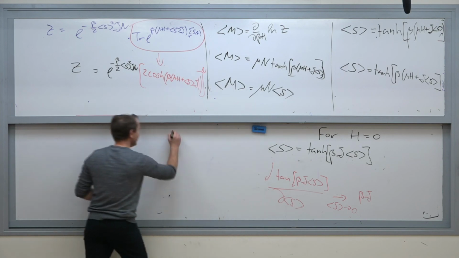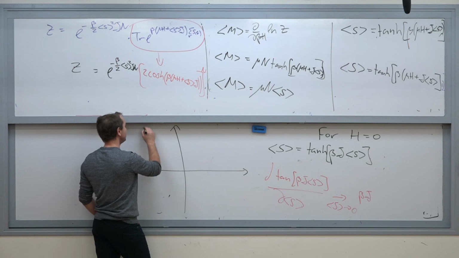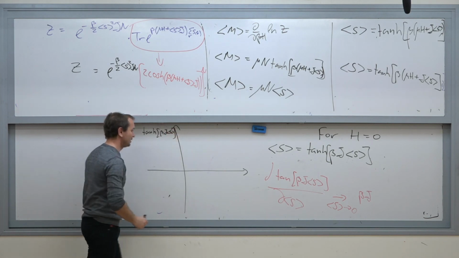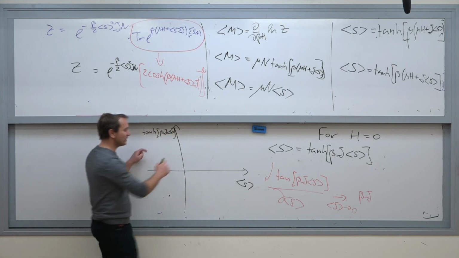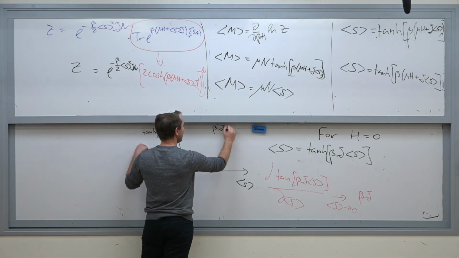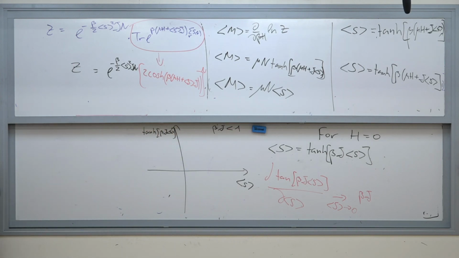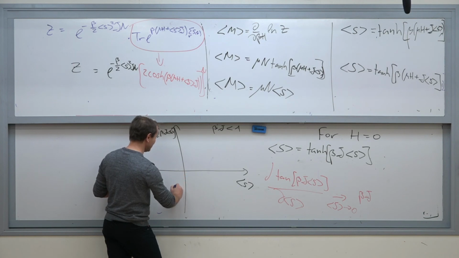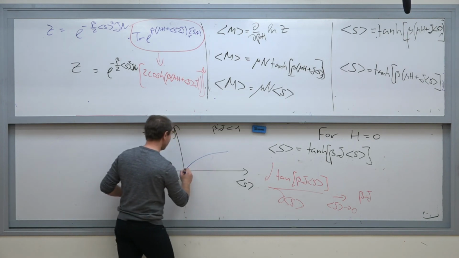Now I want to make two distinctions. This is the hyperbolic tangent of beta J average S, and this is average S. For the case when beta J is smaller than 1, and I plot the hyperbolic tangent, it looks like this.